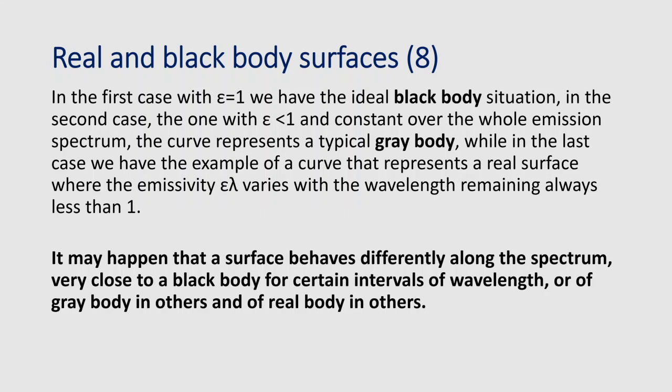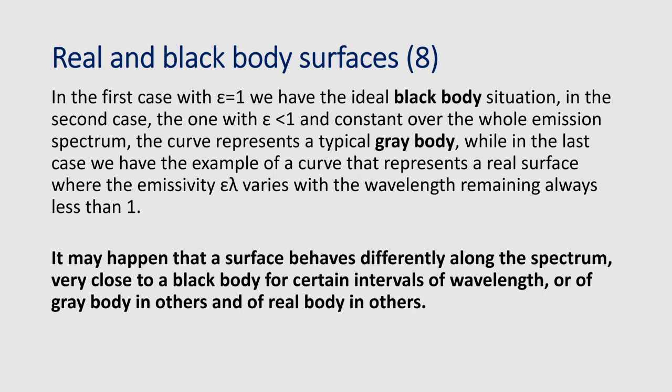So that means, and I just want to introduce these terms, there are surfaces that we can detect, imagine using sensors mounted on board of satellites, that could be very similar to black bodies in part of the electromagnetic spectrum.